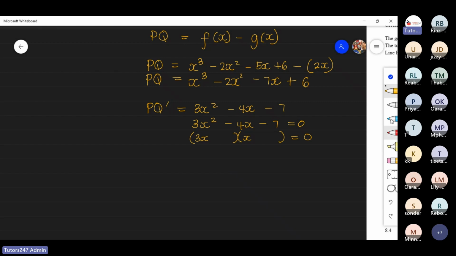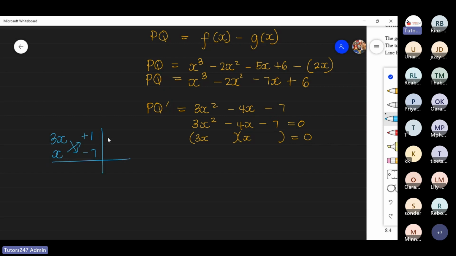To do that, you can use a simple technique on the side of your page. So just multiply 3x and x. That's the first term in each bracket. On the right side, you put your factors of your constant, which is -7 and +1. So let's put -7 over here. So -7 and +1. From here, you need to cross multiply them.